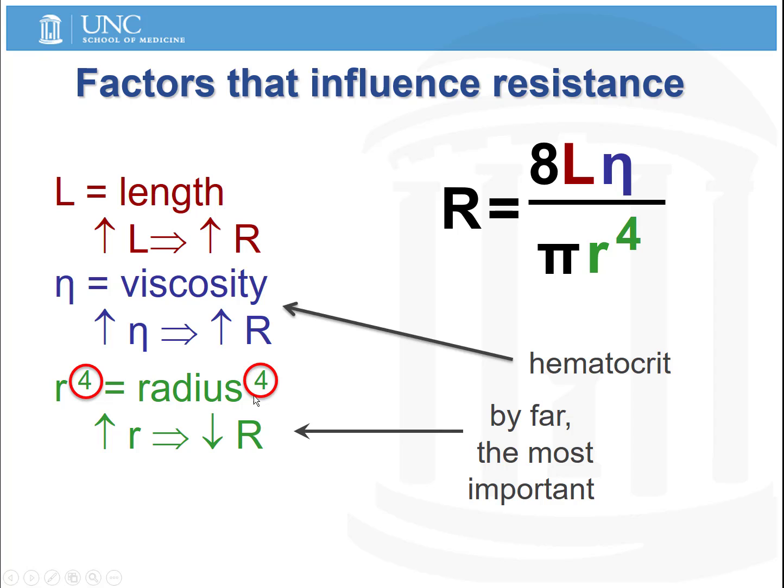And that's determined by this factor of 4. So if you were to increase the radius by a factor of 2, you'd actually decrease the resistance by a factor of 16. So this is a really powerful relationship and a very effective way to regulate resistance in blood vessels. And finally, this 8 over pi is a constant.